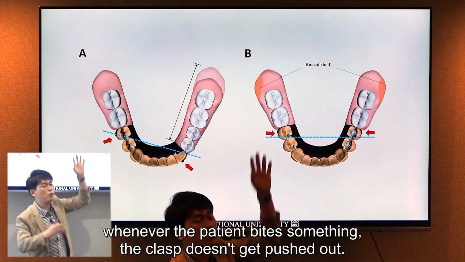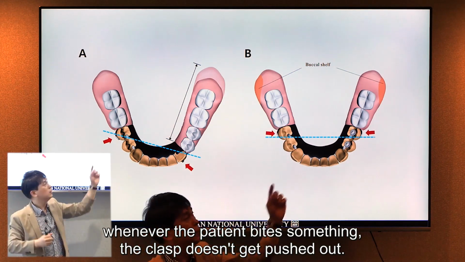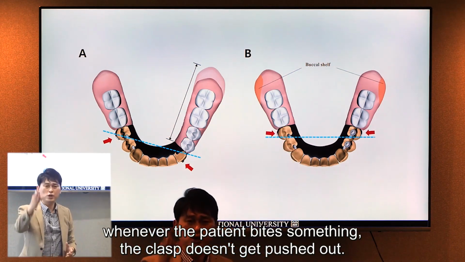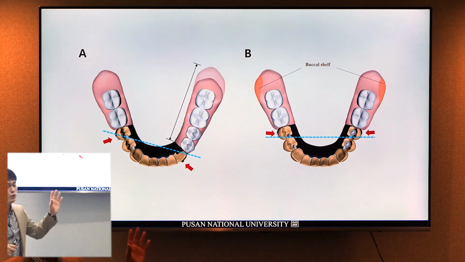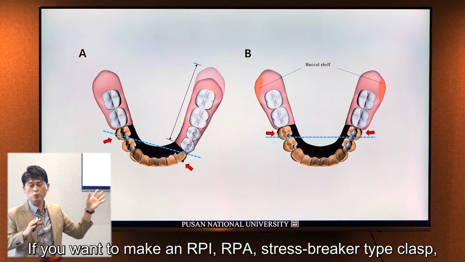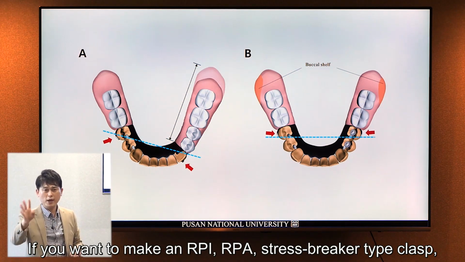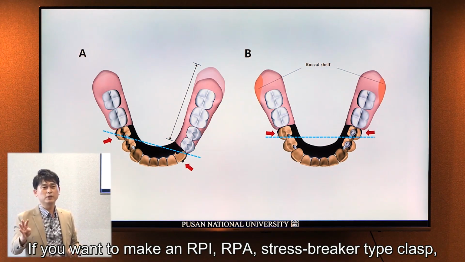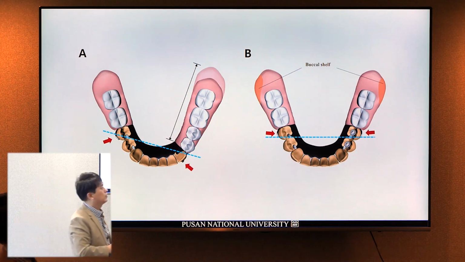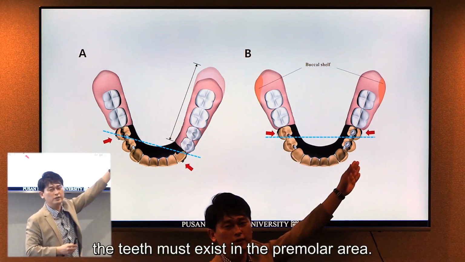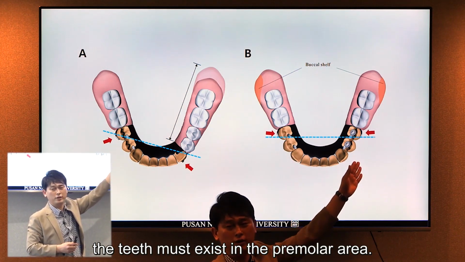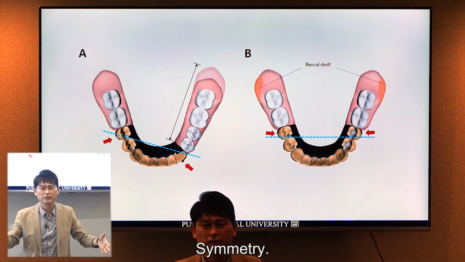So whenever the patient bites something, the clasp doesn't push out. So anyway, if you want to make the RPI or RPA stress breaker type clasp, the teeth have to exist in the premolar area, symmetrically.